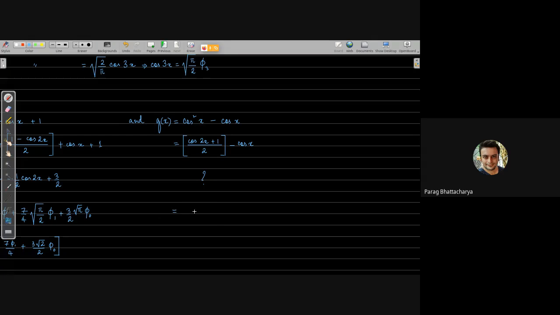And what you will get here is root over pi by 2, and what is left inside the brackets will be phi 2 divided by 2 minus phi 1 plus root over 2 phi naught divided by 2.